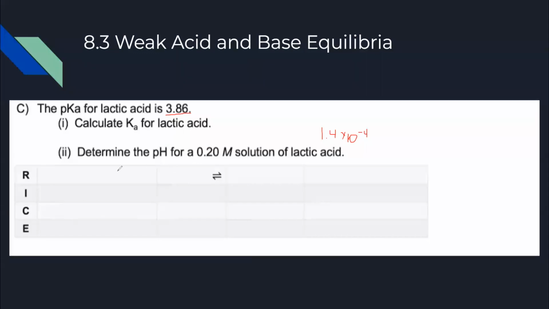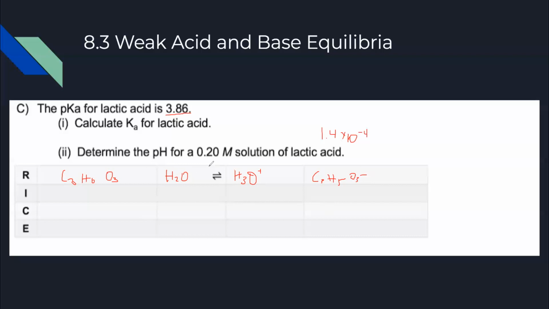What you have to do is first have the equation. C3H6O3 plus H2O creates, as it's an acid, H3O plus and C3H5O3 minus.